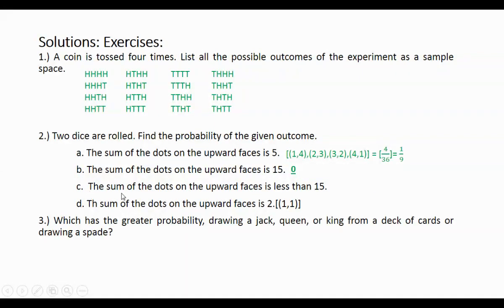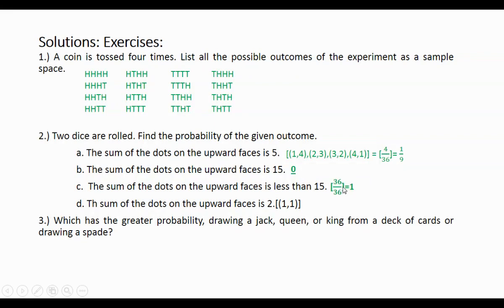Next, letter C. The sum of the dots of the upward faces is less than 15. So if less than 15, we can have all of the possible outcomes, from 1, 2, 3, 4, 5, 6, and in reverse, 6, 5, 4, 3, 2, 1, and a combination of them.